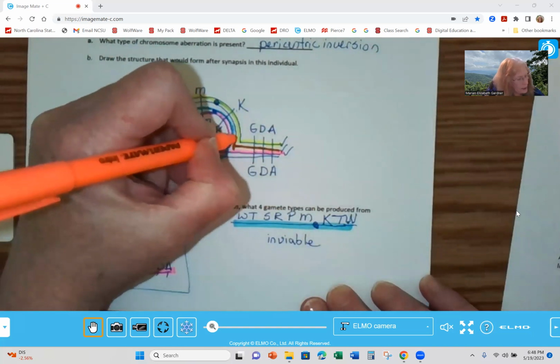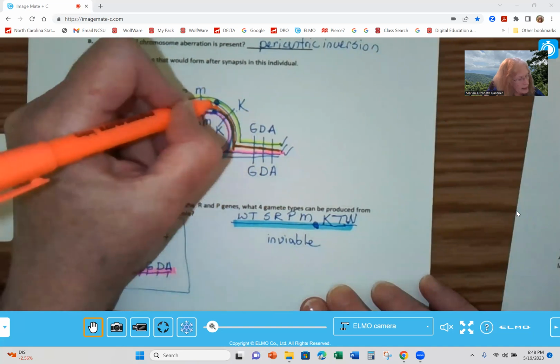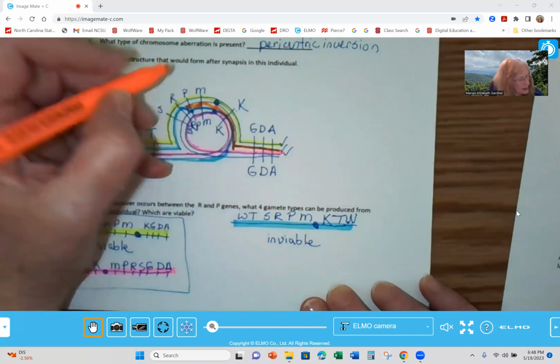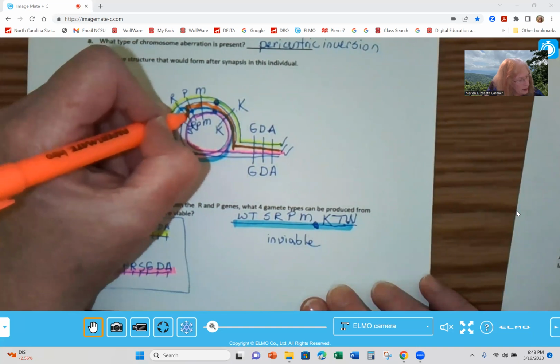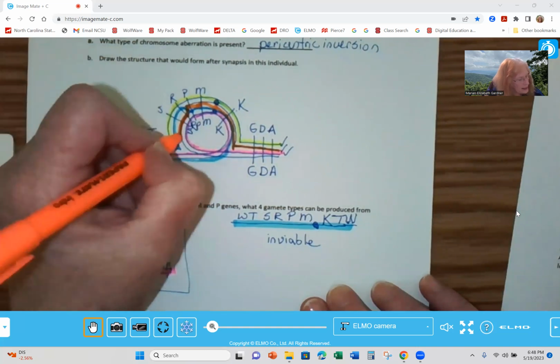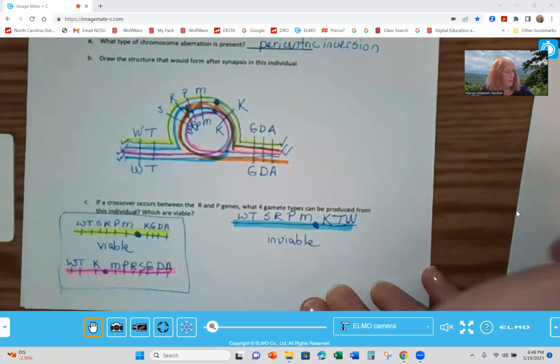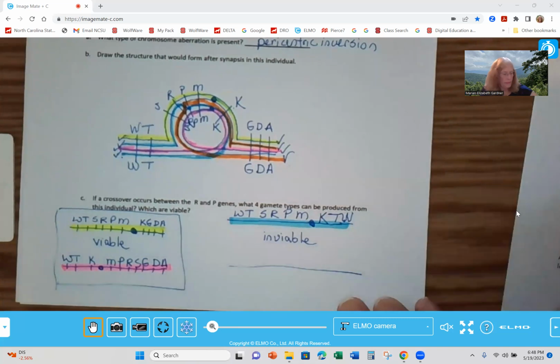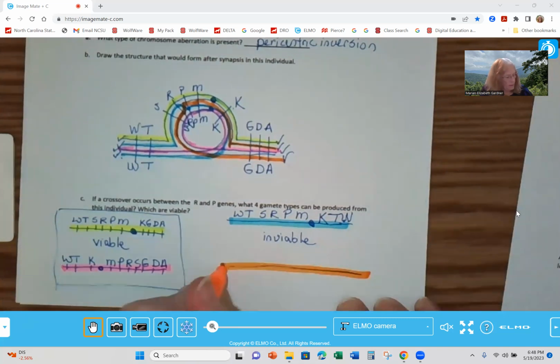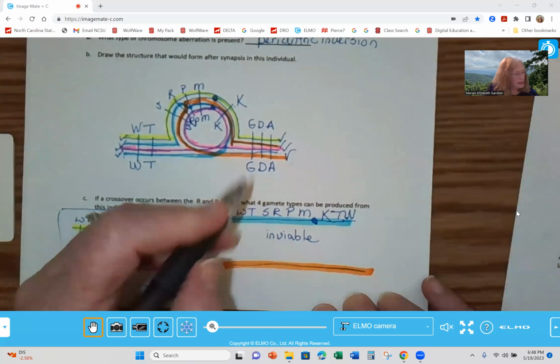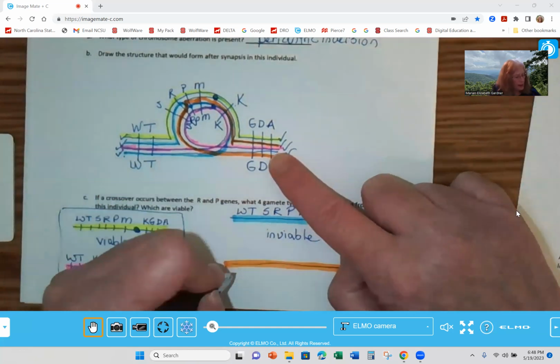ADG, go up, K centromere M, P, cross down, R, S, whoops, GDA. So this is the other one that's not viable.